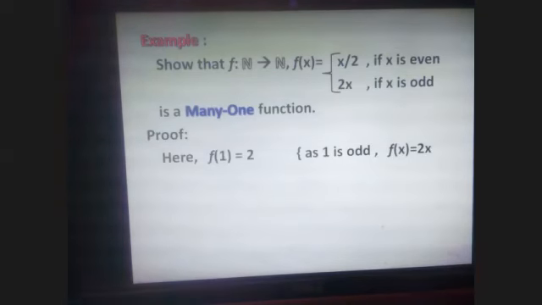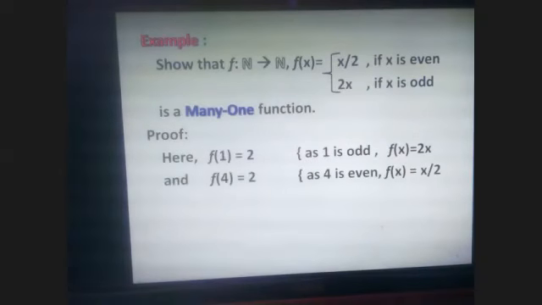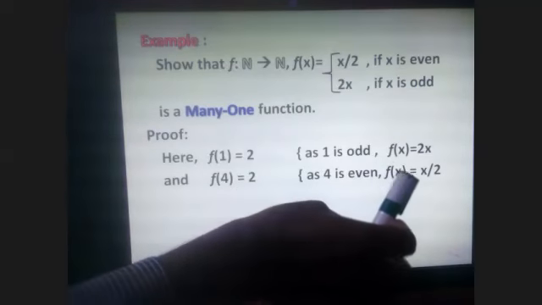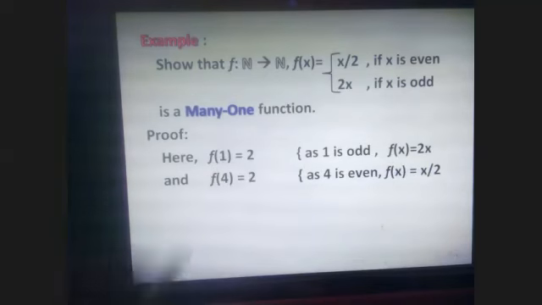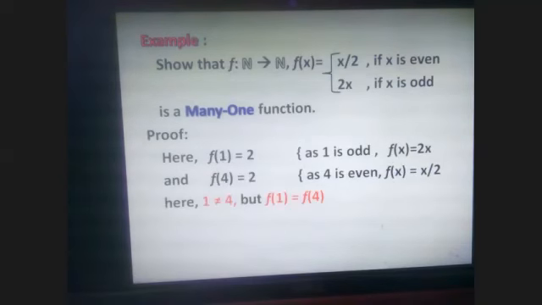What will be f of 2? 2 is even, so f of 2 will be 2 by 2, that is 1. But can you tell me what is f of 4? 4 is even. When x is even, f(x) equals x by 2, so f of 4 is 4 by 2, that is 2. Well, f of 1 and f of 2 are equal. 1 is not 4, but f of 1 and f of 4 are equal. That means it is not 1-to-1.